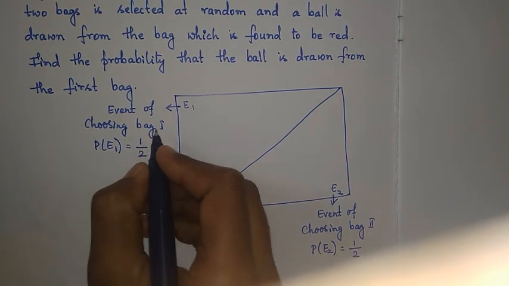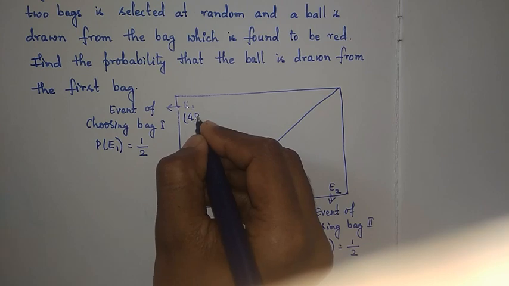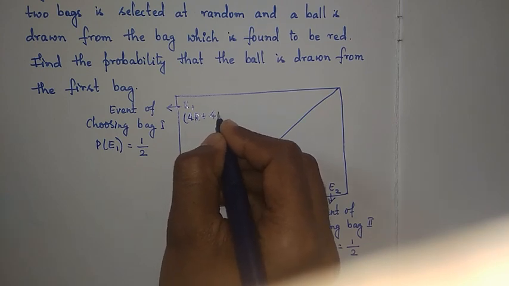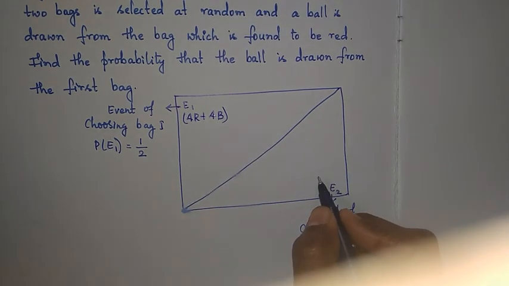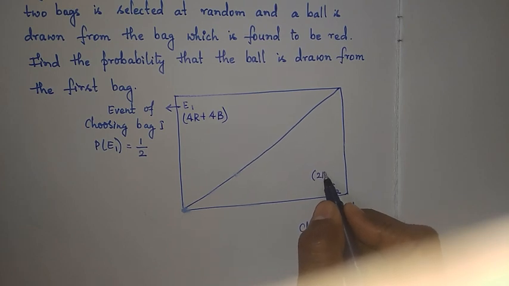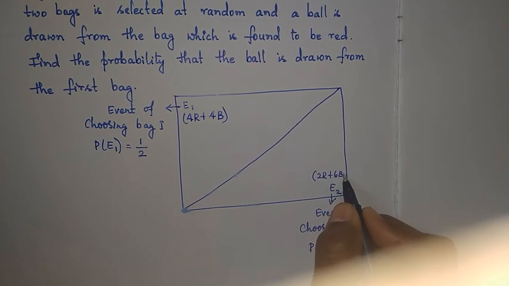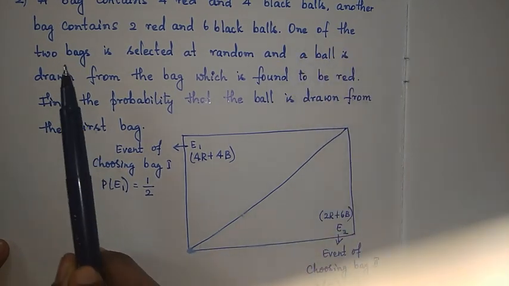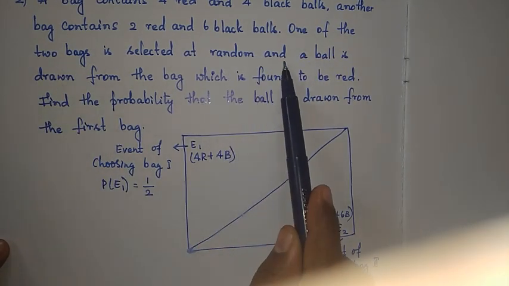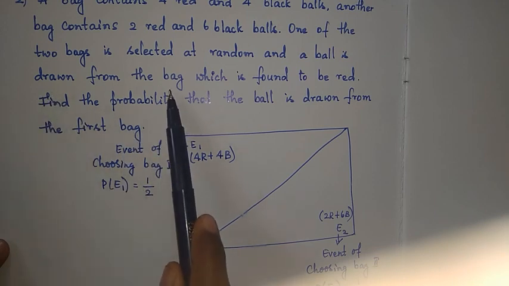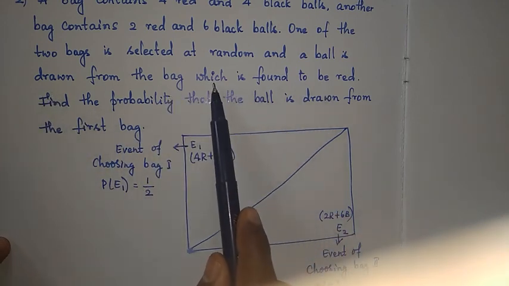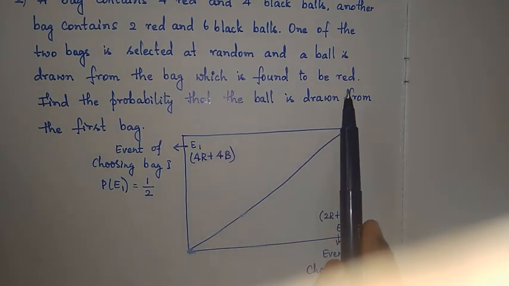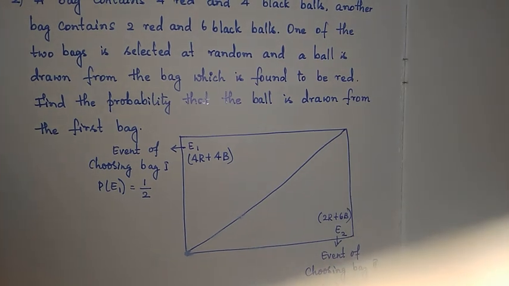Now bag 1 contains 4 red and 4 black balls and bag 2 contains 2 red and 6 black balls. We have to select one of the 2 bags and draw a ball from the bag. Then the ball is found to be red.